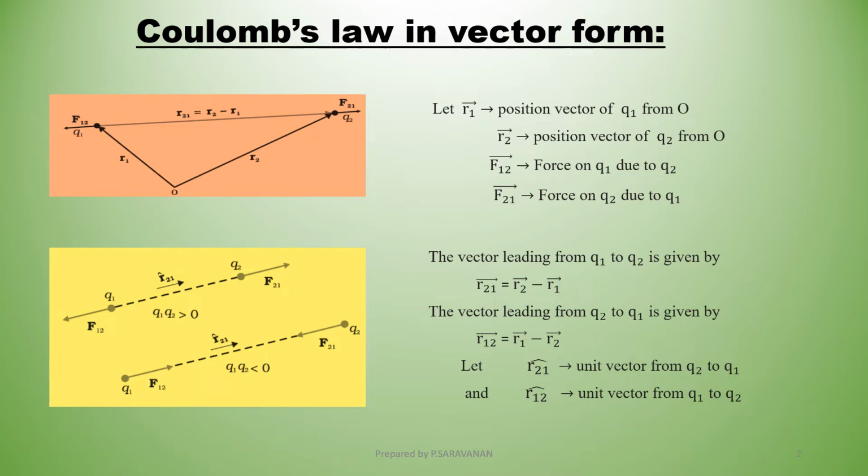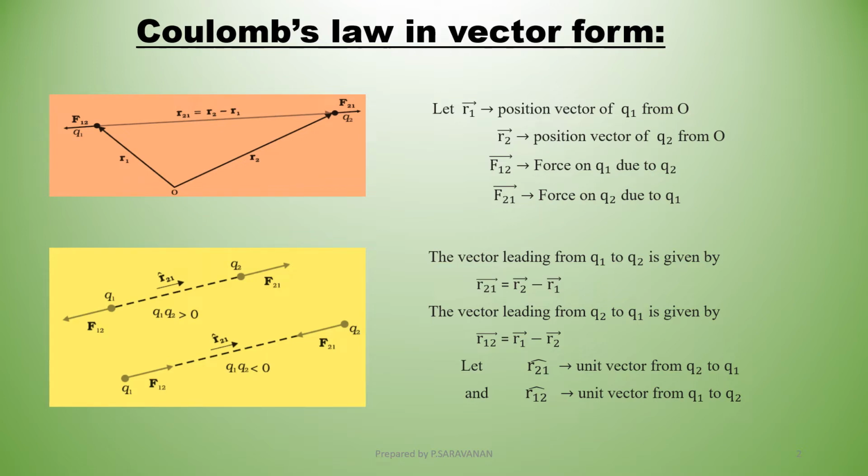So, the vector F21 is towards the right and vector F12 is towards the left. But the position vector from the charge Q1 to the charge Q2 is vector R21, whose unit vector from Q1 to Q2 is R cap 21.